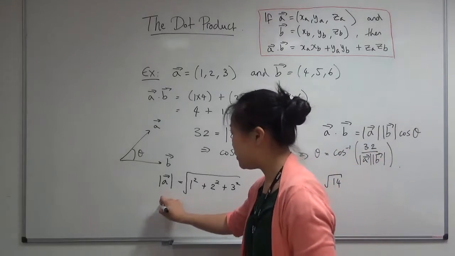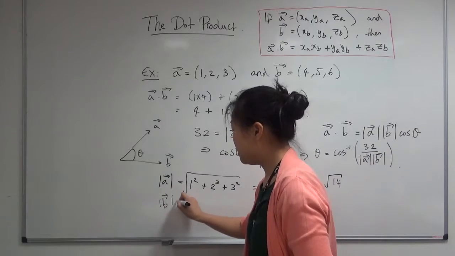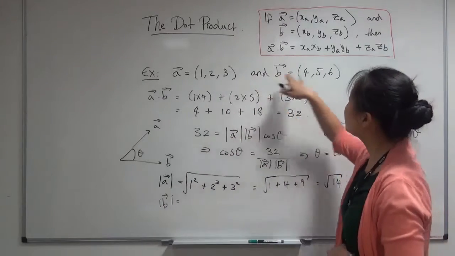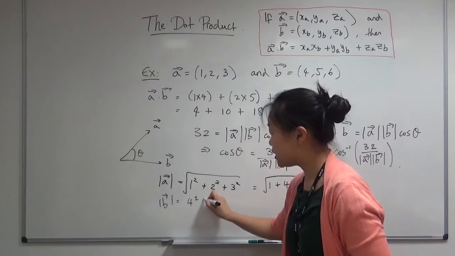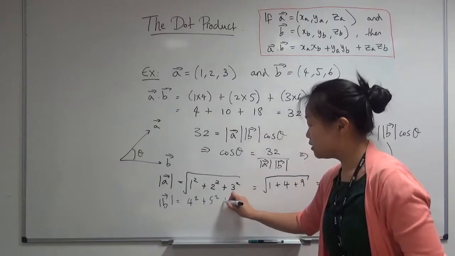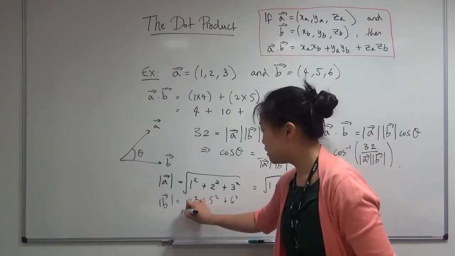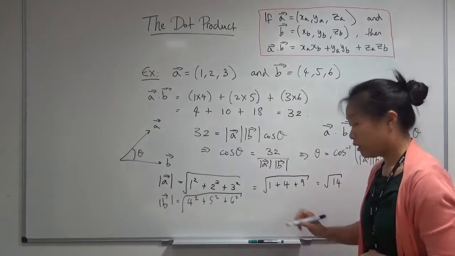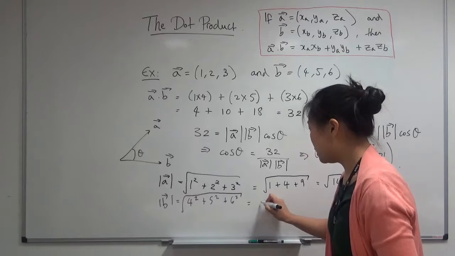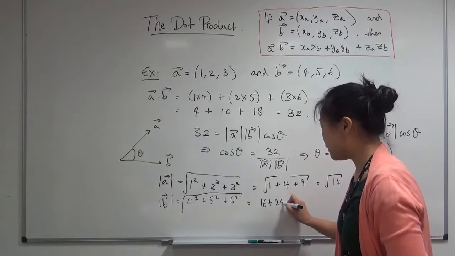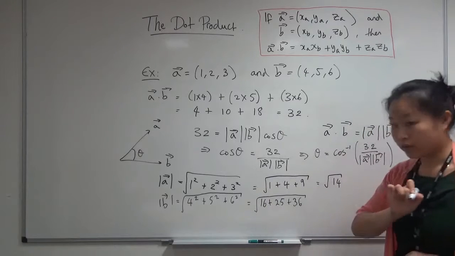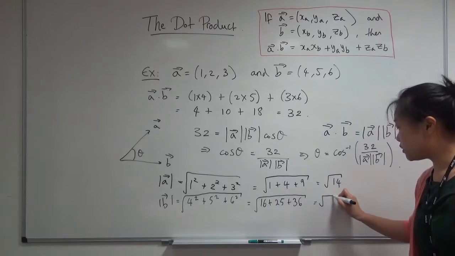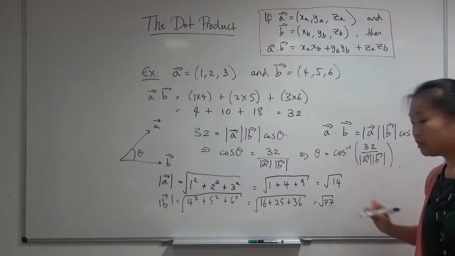We can do the same thing with b. Our components in b are 4, 5 and 6. So to calculate the modulus, we do 4 squared plus 5 squared plus 6 squared and take the square root. This is going to give us 16 plus 25 plus 36. Mustn't forget the square root. So this is going to give us the square root of 77.